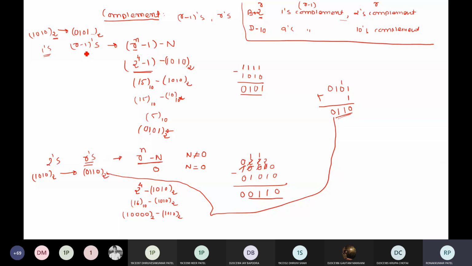So the r minus 1's complement, if I add 1, what do I get? The r's complement, right? In the addition, 1 plus 1 gives 2, but 2 is decimal. How do we represent 2 in binary? 1 0.